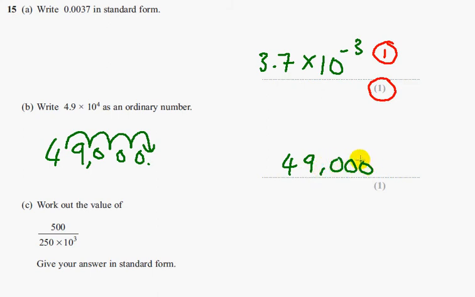So 4.9 times 10 to the 4 is written in standard form, and as an ordinary number is 49,000. And that's worth 1 mark, and 49,000 is the correct answer for that.